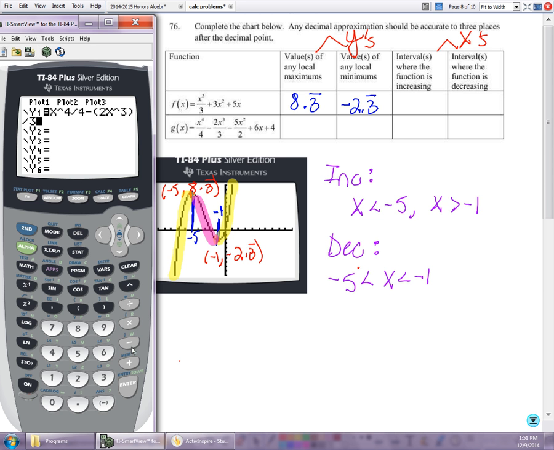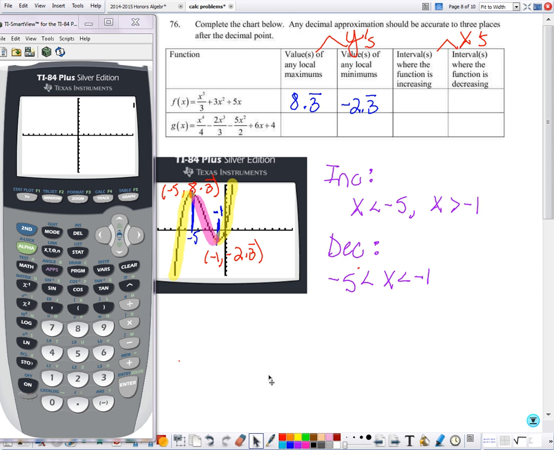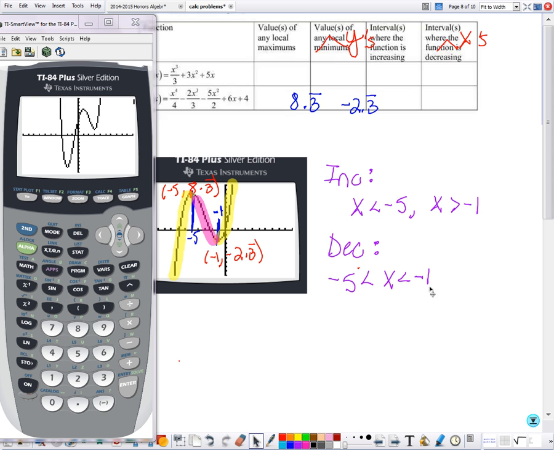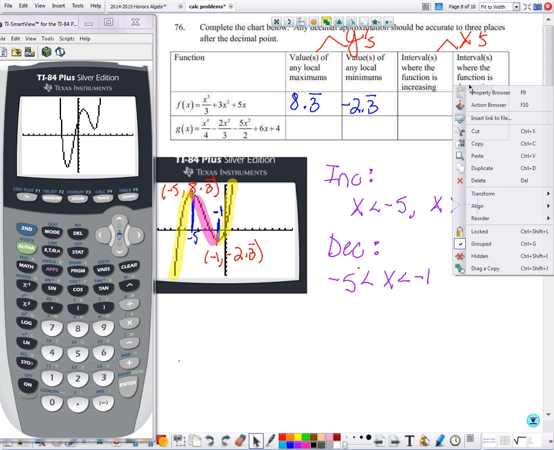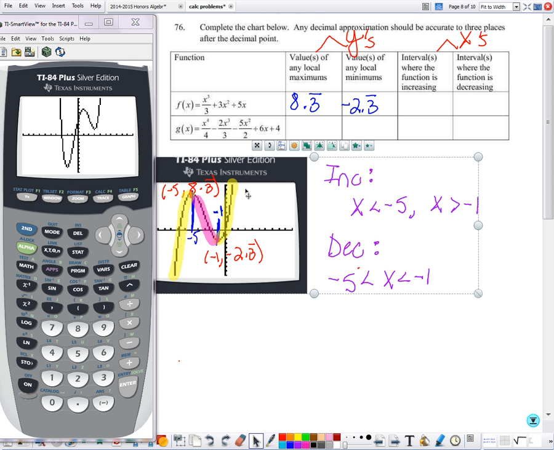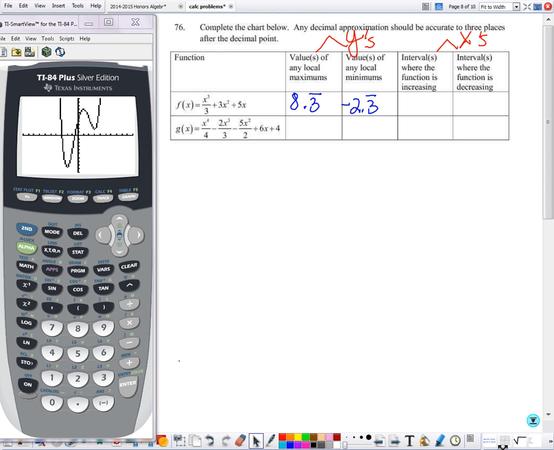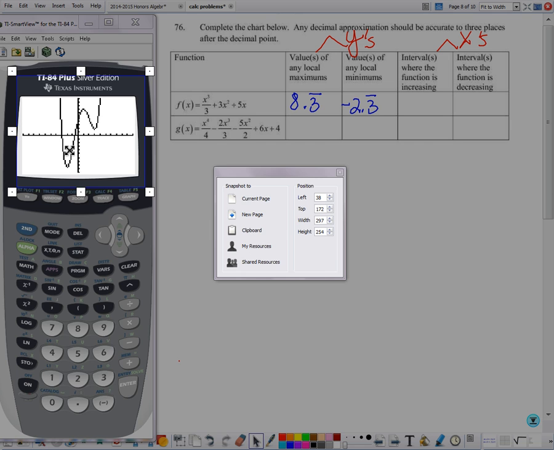I'm going to do the same thing for the next fraction. So here's our graph for g of x.